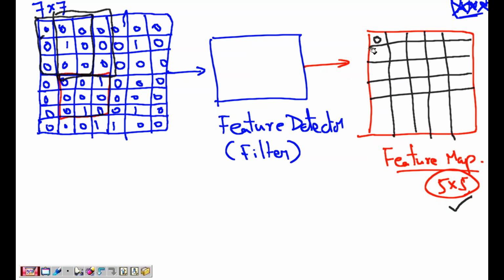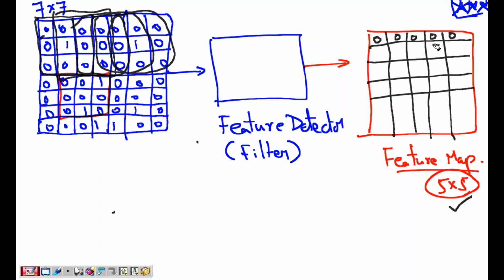After that, take the second one with the same. First line 0, second line still 0, third line still 0. Next, take this part. Again, you will get 0. Next, take this part. Still 0. Next, the final part. You take this.